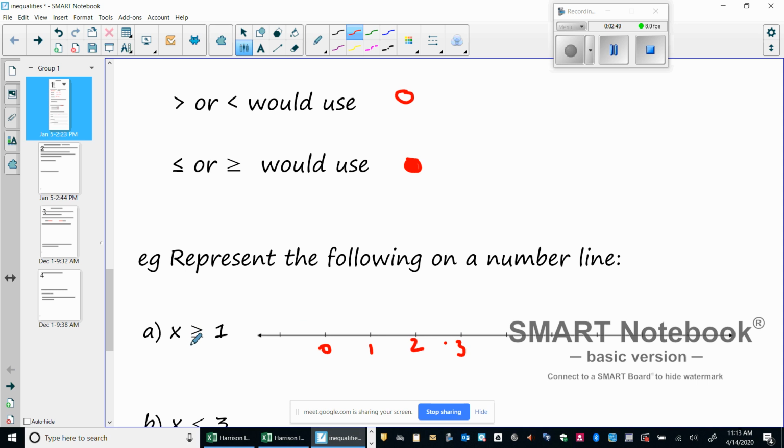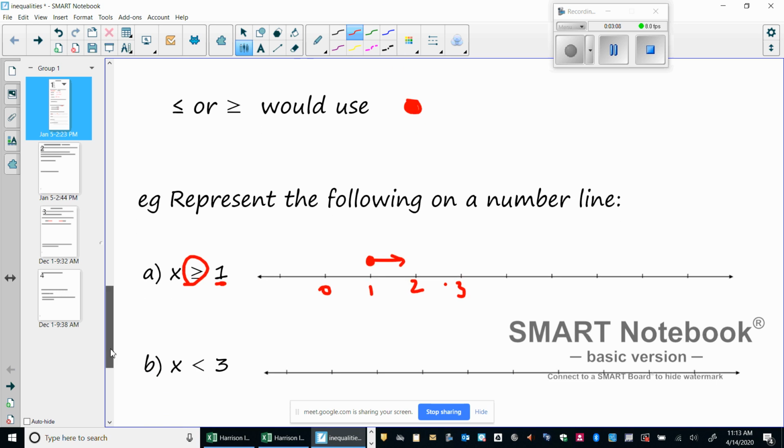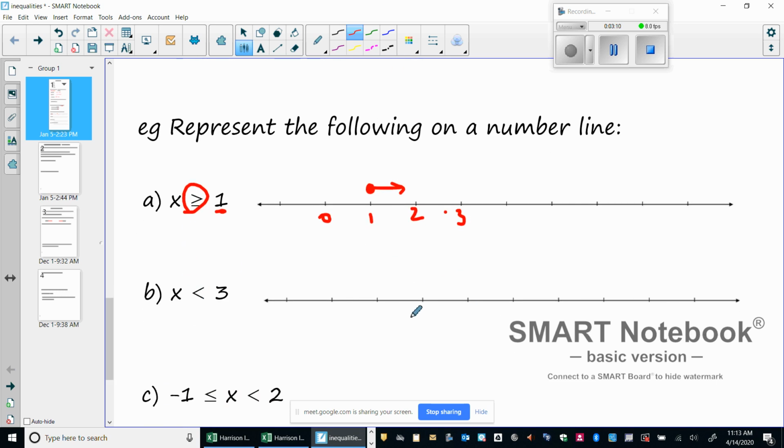Here, because the symbol has got the extra line, above this value, the 1, we're going to put a closed hole. This means greater than, so we put a little arrow going this direction because all of these numbers would be greater than 1. This one here, it's 3, 2, 1, 4. This one has not got the extra line, so it would have an open hole above the value here.